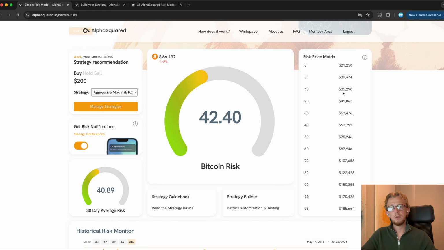The second thing to keep in mind is that hypothetical risks and prices adjust over time as the market adapts. So for Bitcoin, these changes have been rather smooth, but that might not be the case for all other assets. We update these approximately every 24 hours, and you can access these via the API. And you can find the documentation to that in your user dashboard.